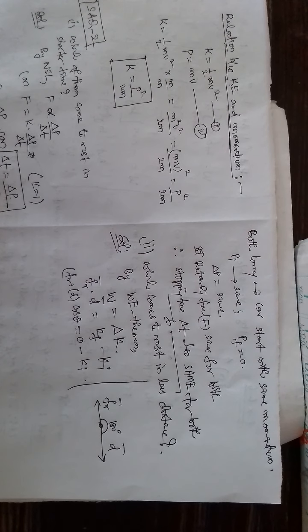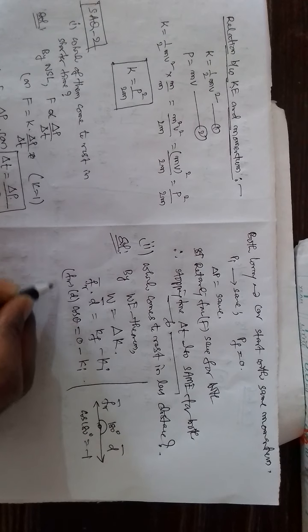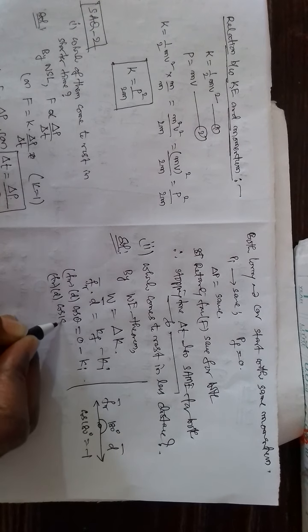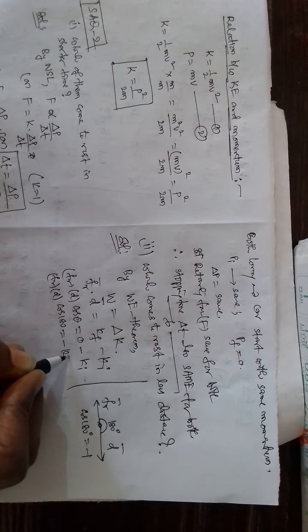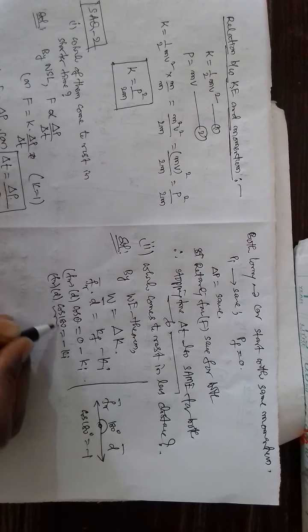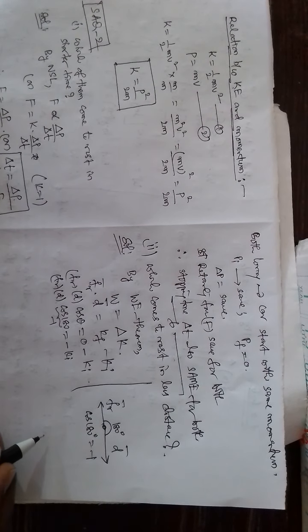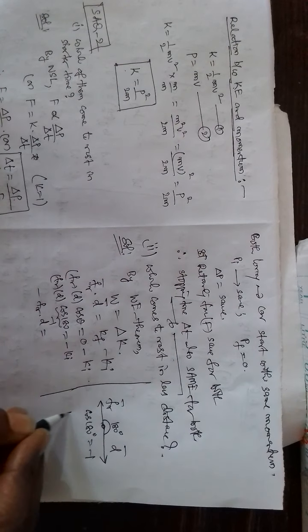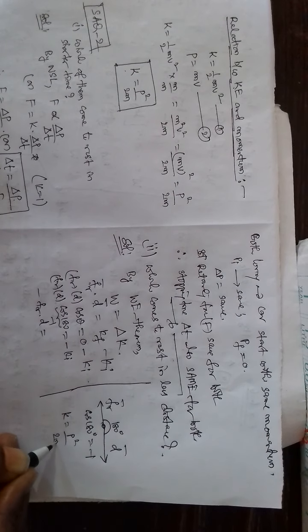Therefore, cos 180 degrees is equal to minus 1. So here Fr d cos 180 is equal to minus Ki, its value minus 1. Therefore minus Fr d is equal to minus Ki. But just now we have proved it, kinetic energy is equal to p square by 2m.